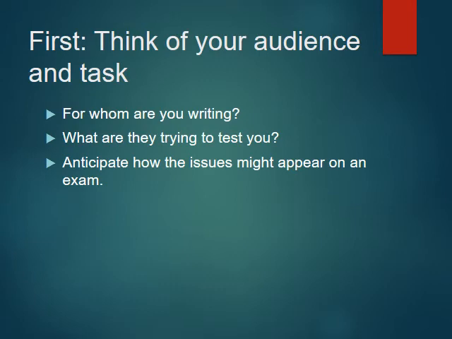Anticipate how the issues might appear on an exam. For example, there's a reason I always go to assault and battery in my examples. It's very easy to think about assault and battery, and it's very easy to generate fake facts that you can immediately talk about with assault and battery. Because I've thought about how I would ask questions about assault and battery, there's probably only a half dozen ways you can really get at it.